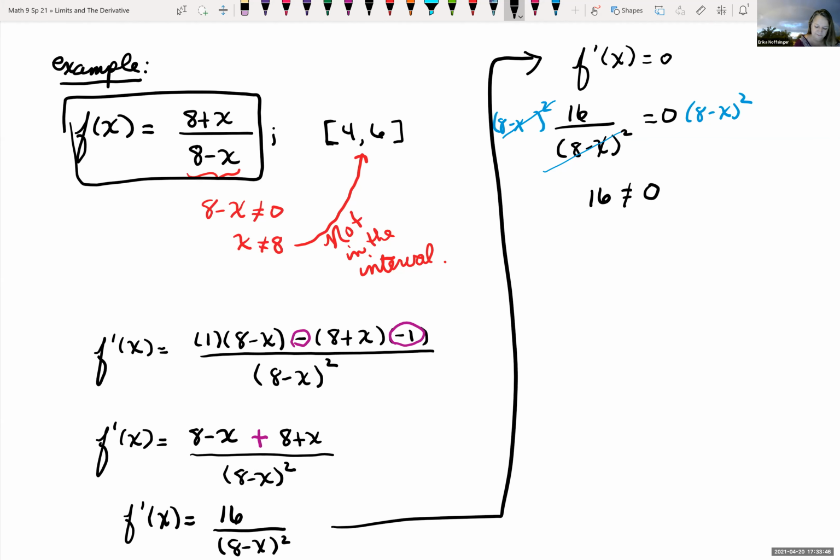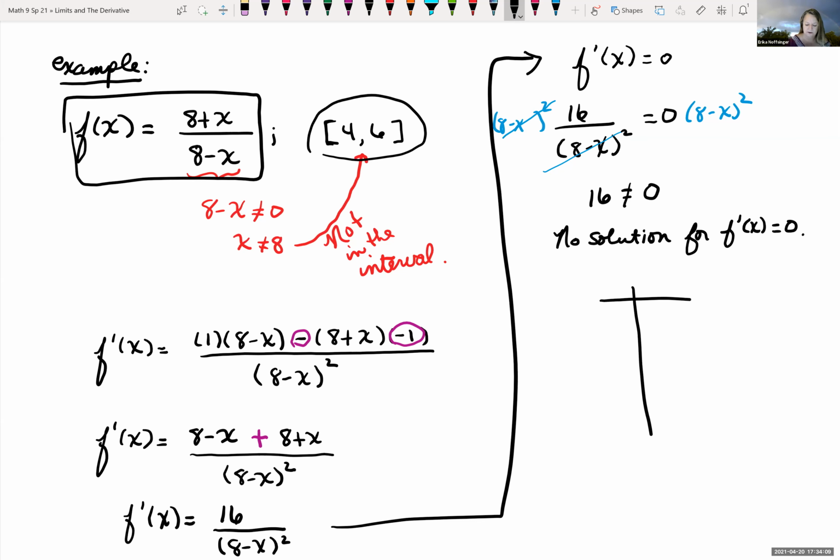So there's no solution. And then the only place where it's undefined is at 8. And at 8, that's not even in this interval. And it wouldn't have held if it was.